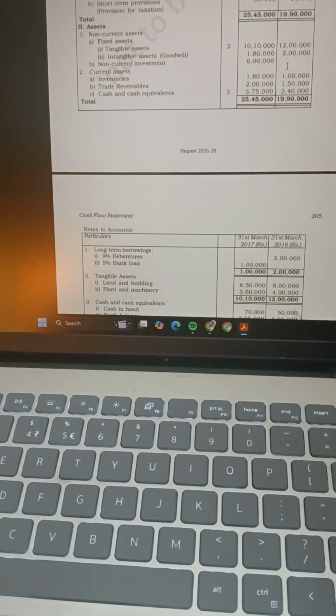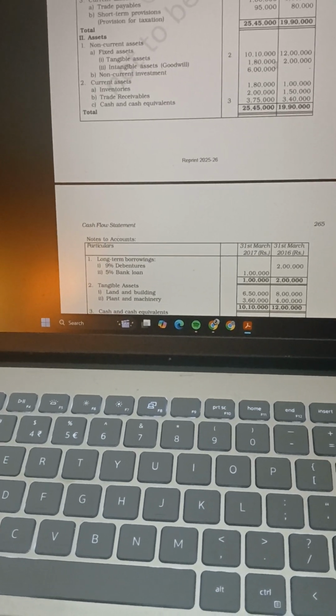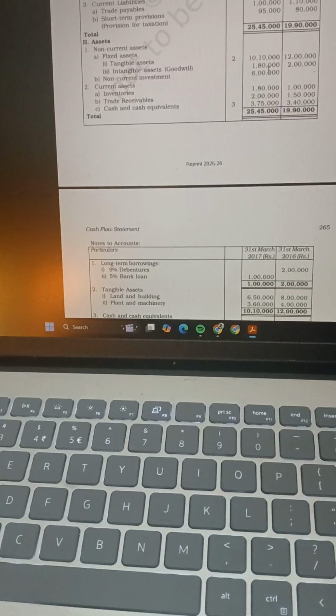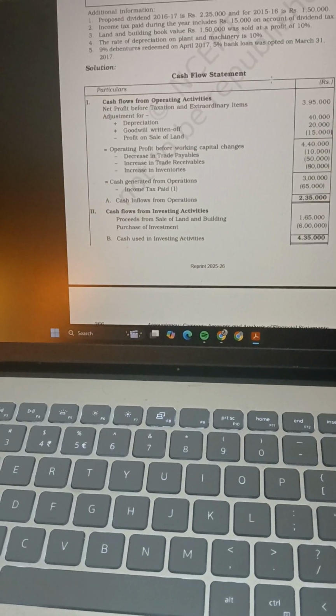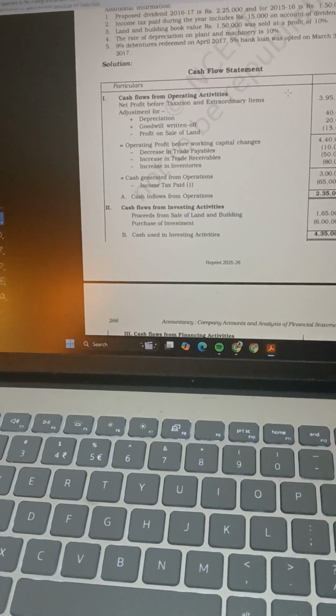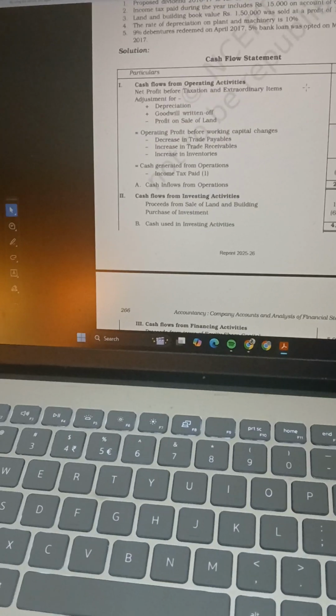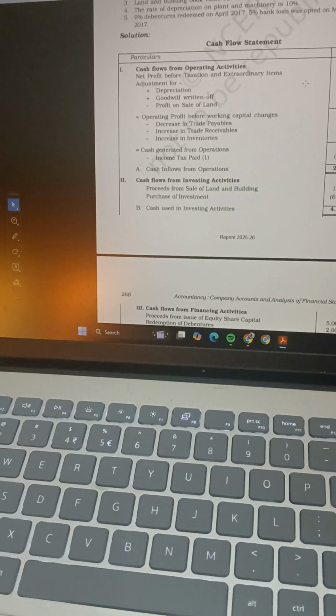In the question, the goodwill written off means the previous year minus this year, that is 20,000. Then profit on sale of land will be reduced. The final figure will be the operating profit before working capital changes.